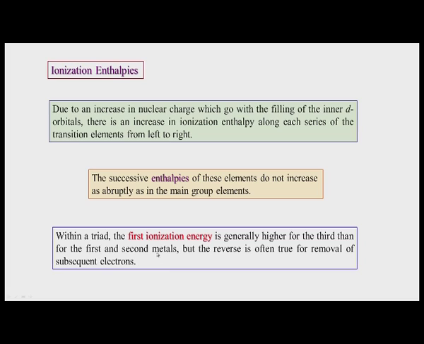That means, for the triad like chromium, molybdenum and tungsten, what is the third one? The third one is tungsten. So, the first ionization energy for tungsten would be higher than that of the first and the second metal atoms. First is chromium, second is molybdenum.